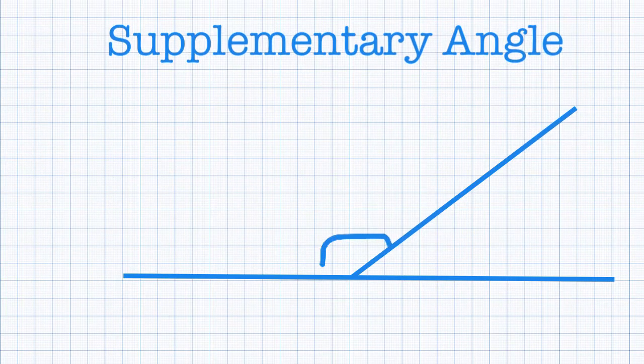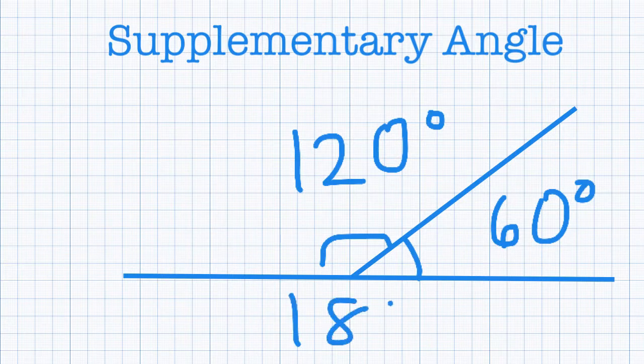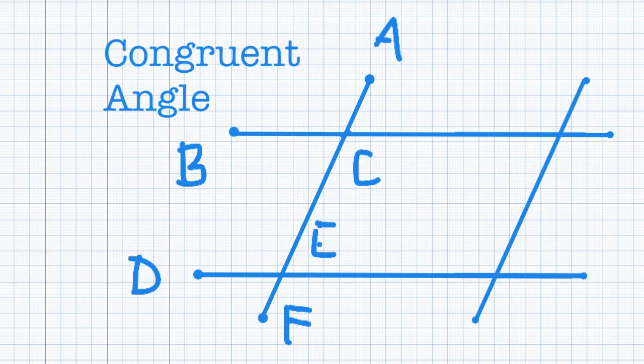Let's just pretend that's 120 degrees, okay? And then this angle would be 60 degrees, because 120 plus 60 degrees is equal to 180 degrees. So the last type of angle I wanted to present is the congruent angle.